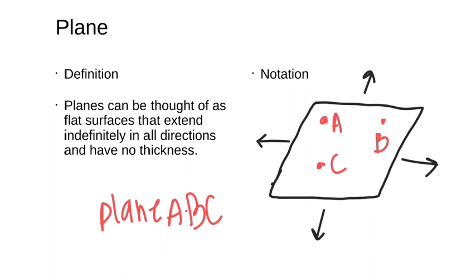Any 3 letters can be used to name a plane. Sometimes you'll also see a plane labeled using cursive uppercase letters. So let's say that's a fancy cursive R. You'll also see plane fancy cursive R. So it just depends on what textbook or worksheet you're working with.